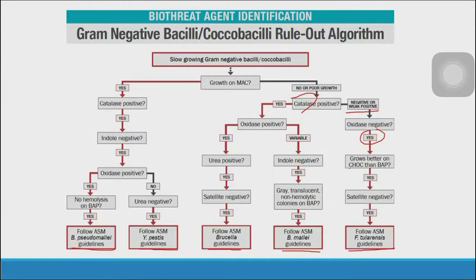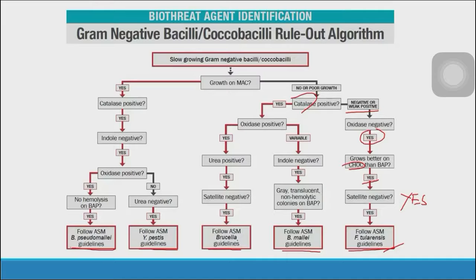It isn't indicated but nag-grows sa chocolate. So, yes. Satellite negative. Regarding kanina, satellite negative, of course, nakalagay doon yes. But we'll check later kung ano na yung mismo characterization ng Francisella. Pero we will try to talk about yung Francisella guidelines.